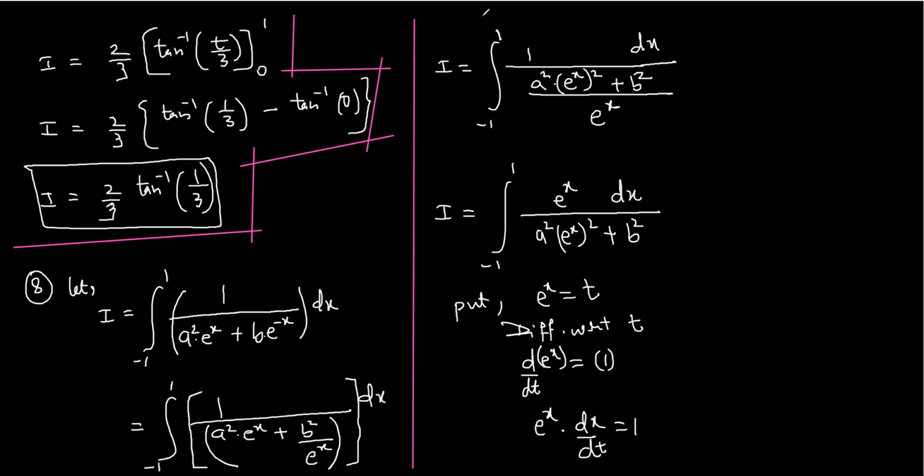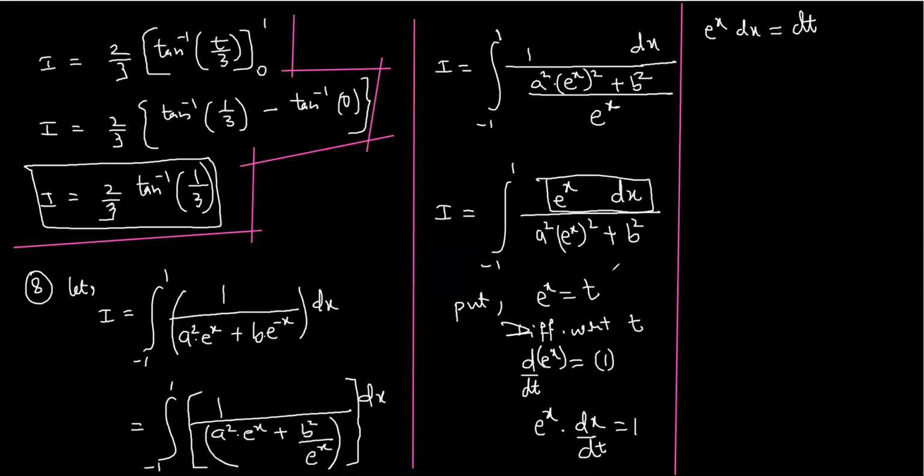Now this dt goes there, and you are going to get still the same thing: e raised to x dx equals dt. So whether you differentiate with respect to t or with respect to x, both are equally good. So I will get e raised to x dx as dt. Now what is the next step? The next step is I change the interval, because here we have the interval negative 1 to 1 for x.